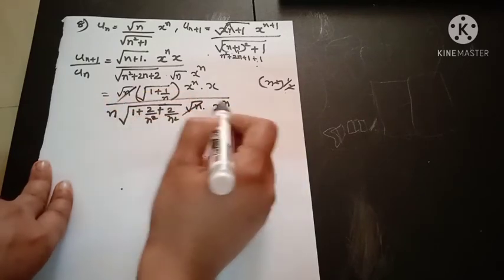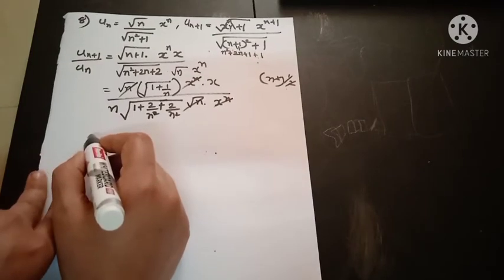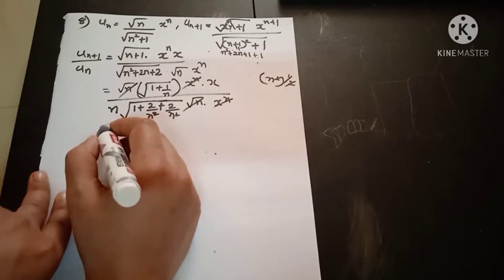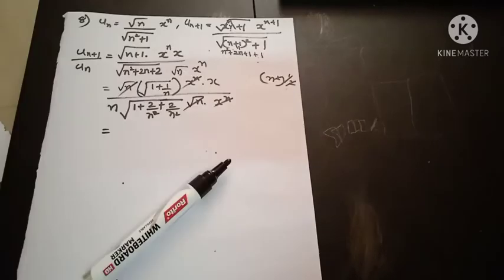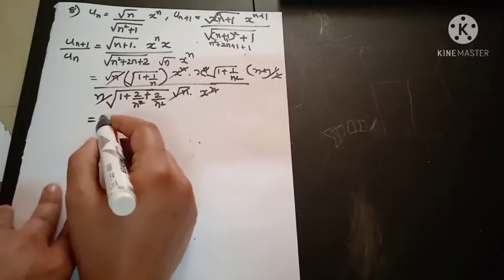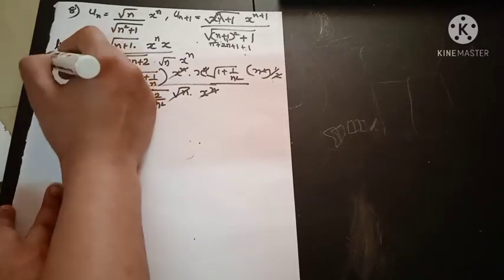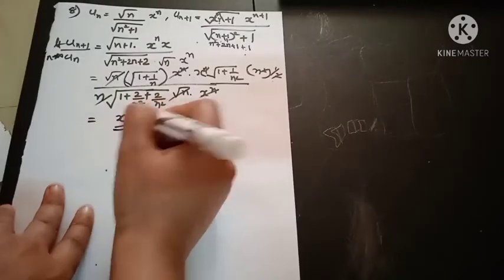Root n cancels, x to the power of n also cancels, and the remaining terms go to 0. So the limit value, if you apply limit n tends to infinity, we will get x.